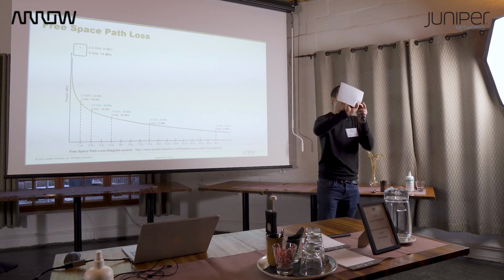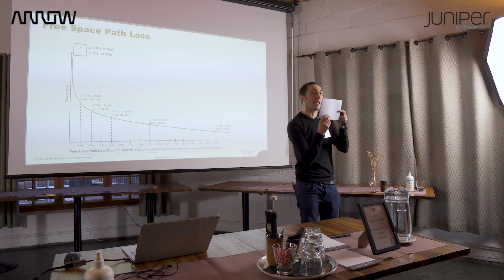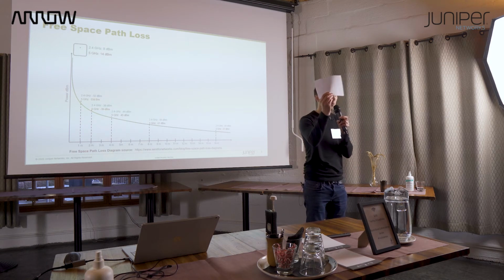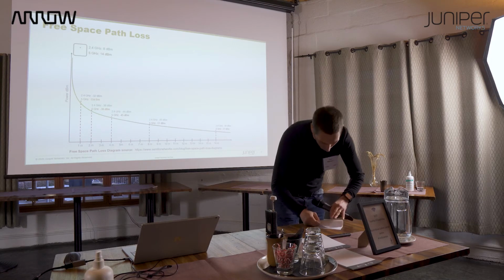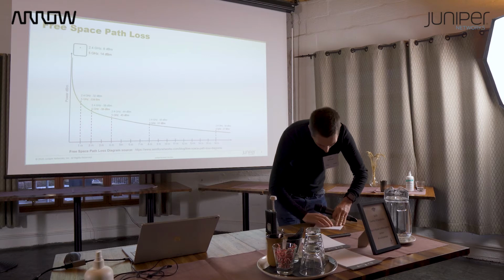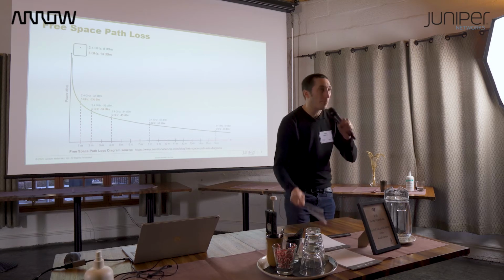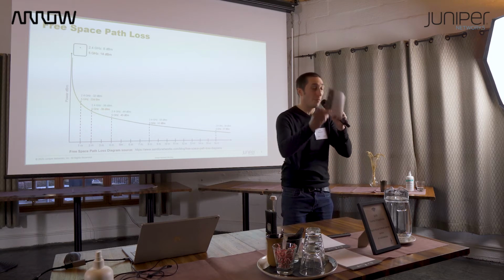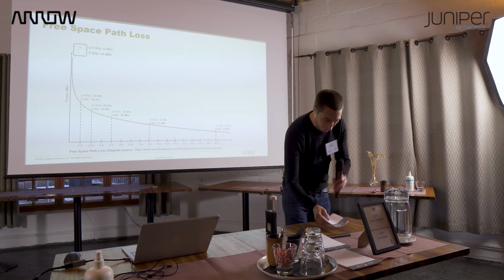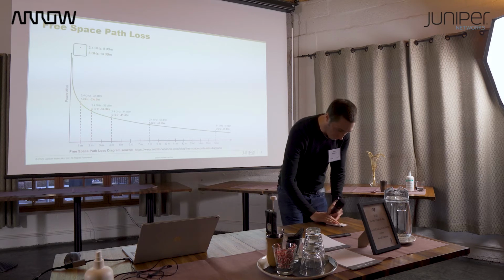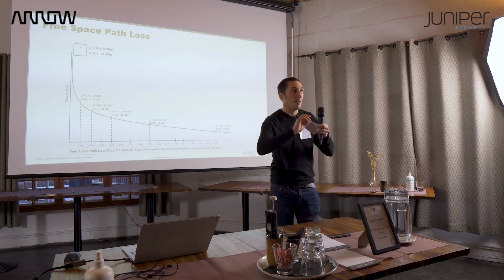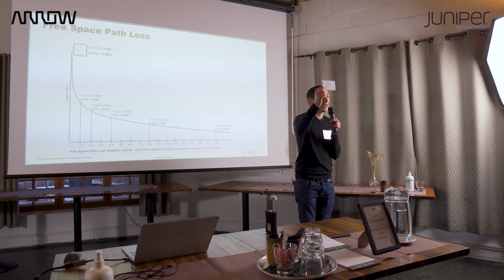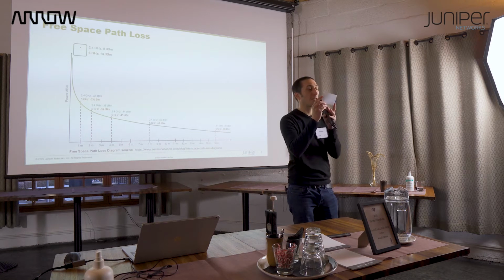So if you imagine, this is how much signal a 2.4 gig antenna receives. Let me show you what a 5 gig is. I'm just going to fold a piece of paper in half, and I'm going to have to do it in half both vertically and horizontally. Okay, this is now how much signal a 5 gig antenna receives, because I've halved it both horizontally and vertically.